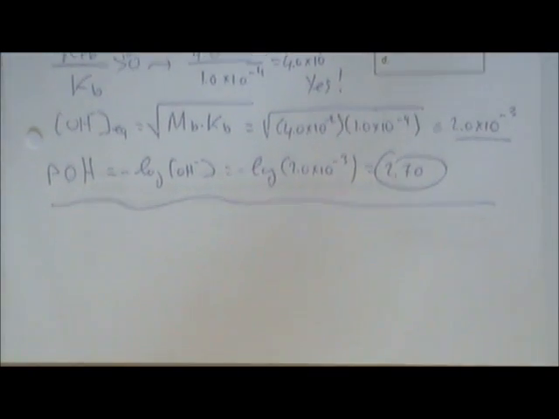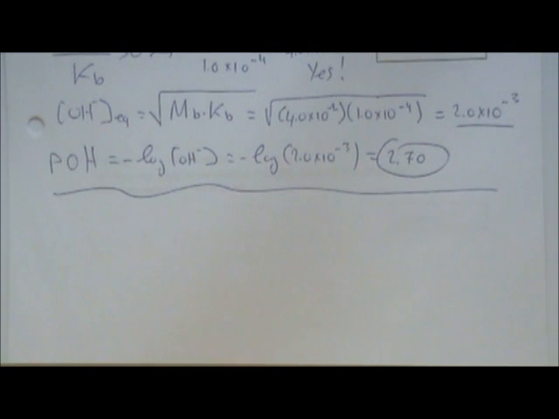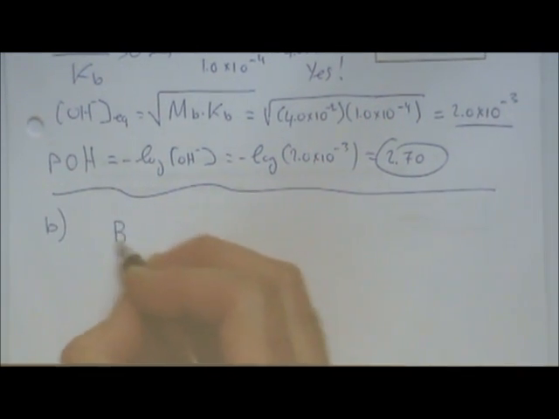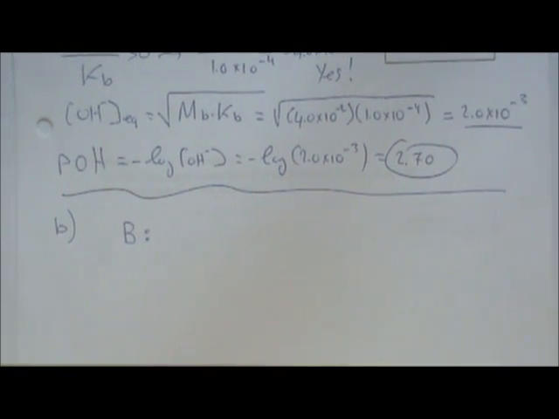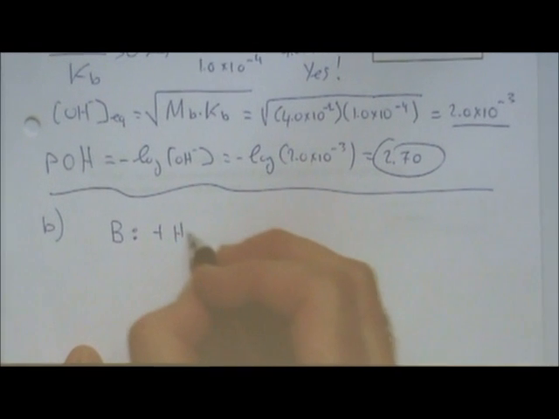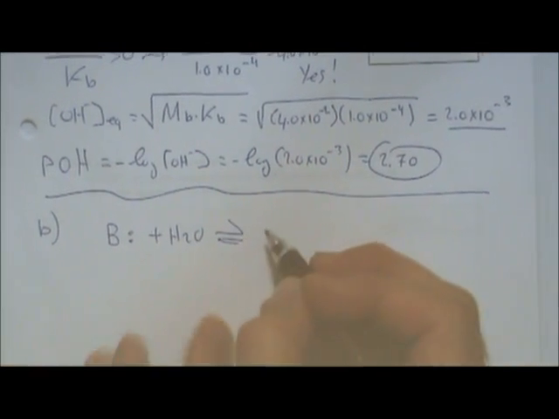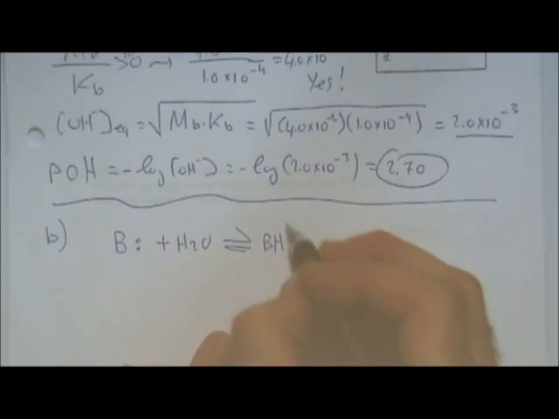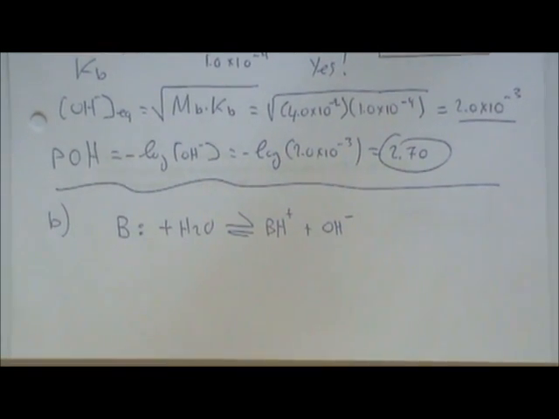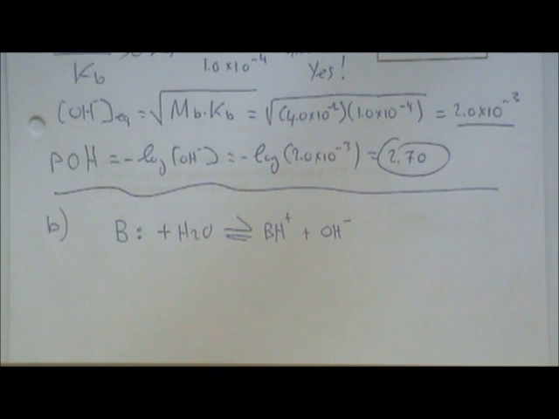So let's write the equation down. The equation will be, this is B. So B is the base, whatever it is, we don't care. And that will react with water to give you the cation and OH minus. Okay, what do we want? Percent ionization. So we go to the definition.